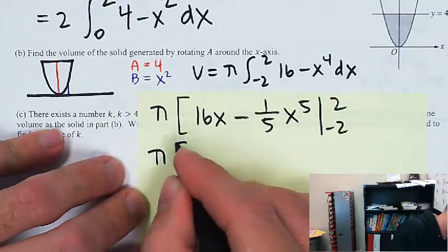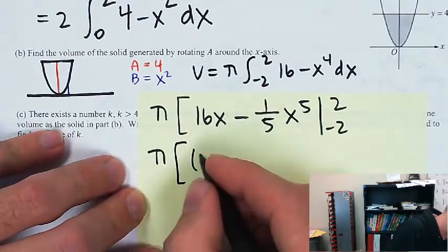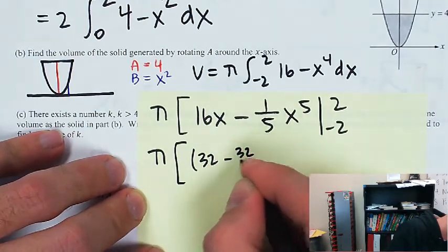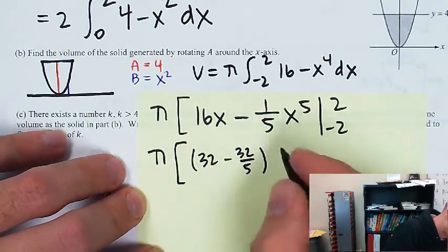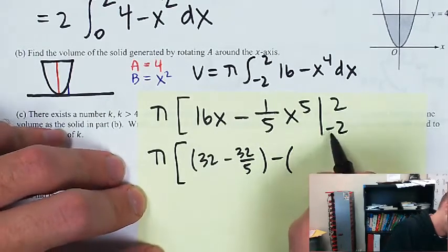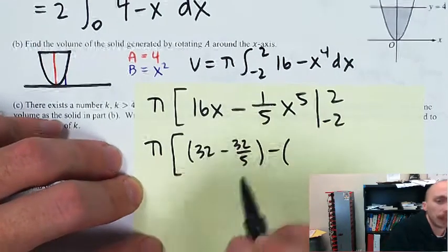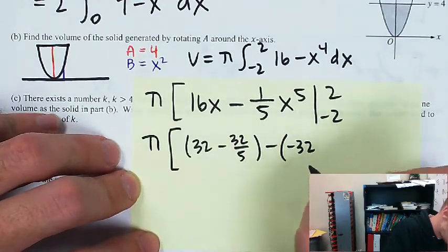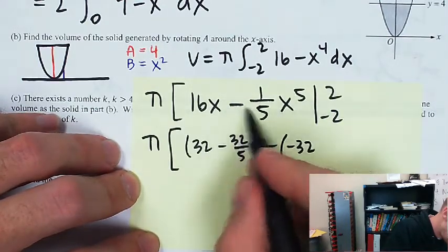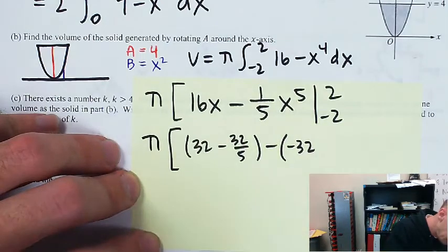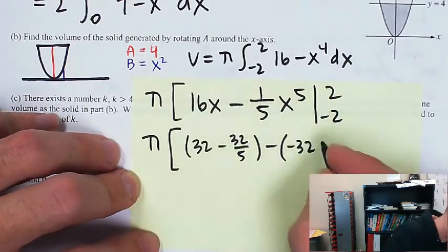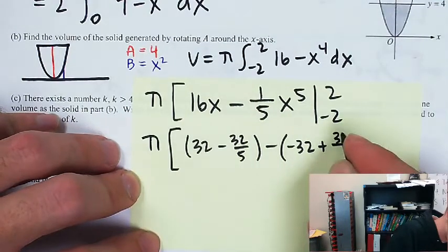And so that's going to be pi times, plug it in, get 32 minus 1/5 of 32, minus, and then when I plug in -2, I'll get -32 here, but then minus 1/5 of -32 would be plus 32 over 5.